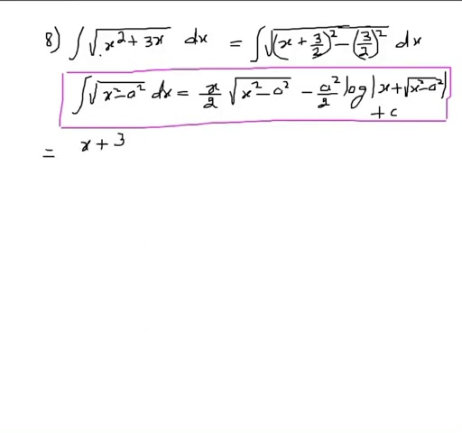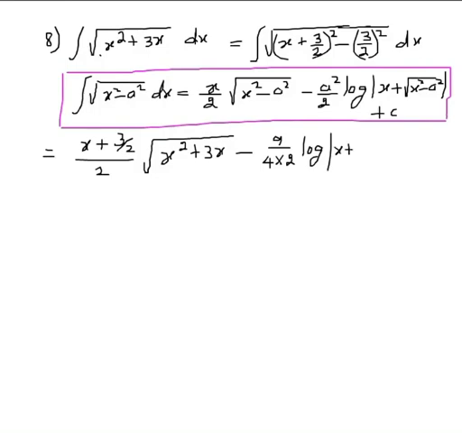X here is x plus 3 by 2 divided by 2. Root of this expression is the same given expression in the question, minus a square. A is 3 by 2. A square will be 9 by 4, by 2 log of x, X is x plus 3 by 2, plus root of the same expression, which is x square plus 3x, and plus c.